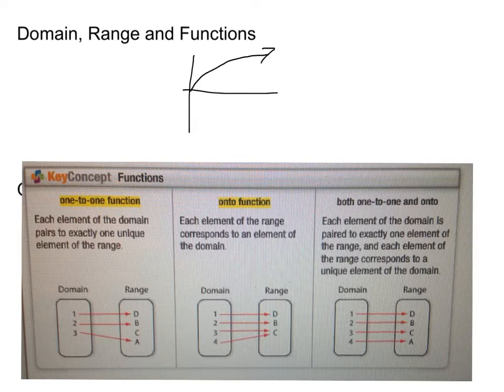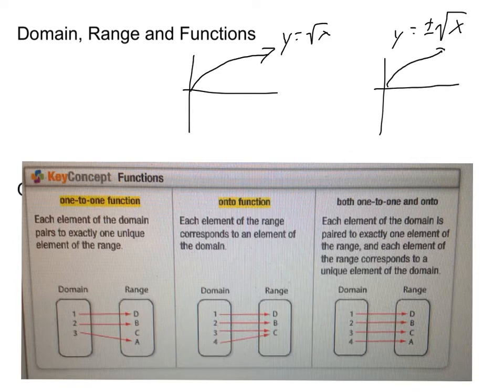For any input, there's only one output. This is y equals square root of x. If I changed it to y equals plus or minus the square root of x, well then we have the positive outputs, but we also have the negative outputs. So that is not a function, that's a relation, but not a function.